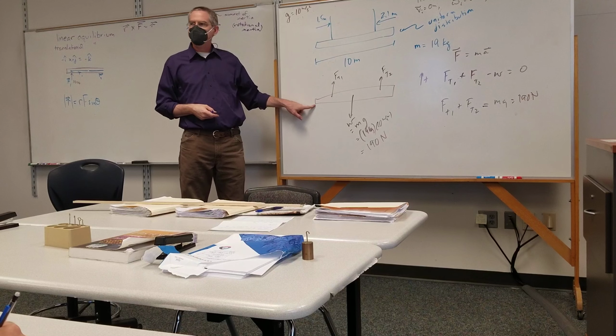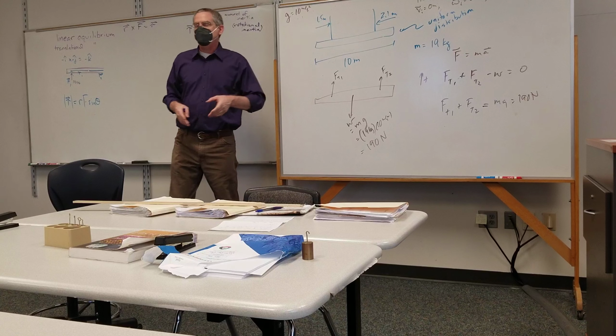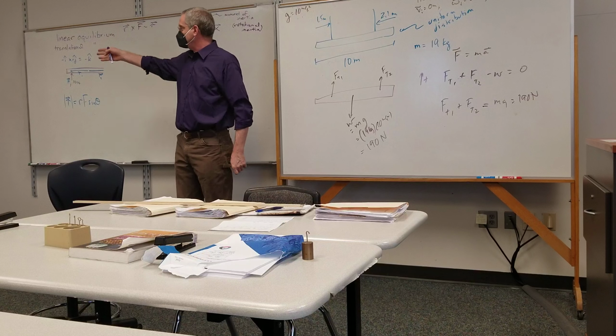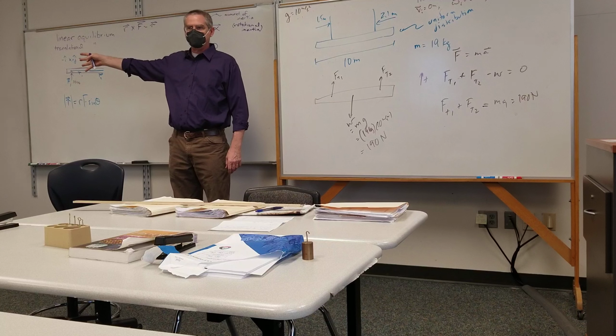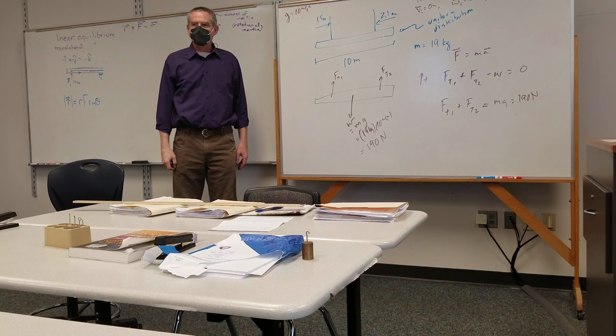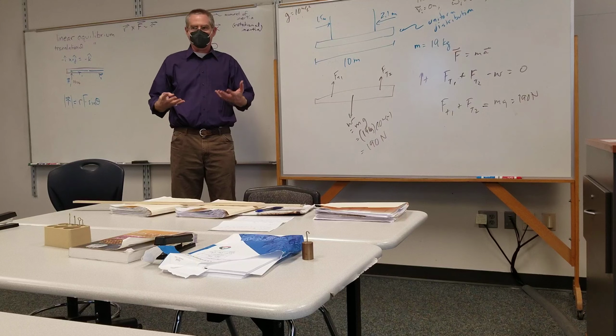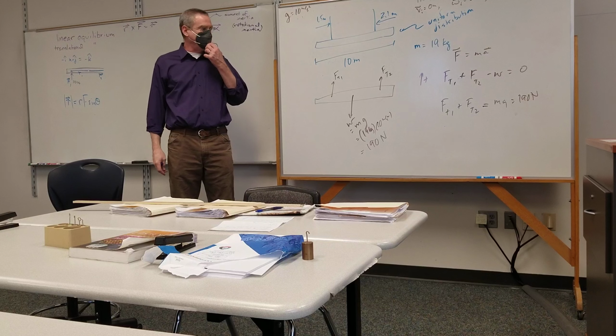Why not here? I guess it could be there too. Well, it could be. If there's a natural axis of rotation, like on a door, there are hinges. That seems natural, that is actually the best place to pick it. On something like this, it's not moving at all. There is no natural pivot point.